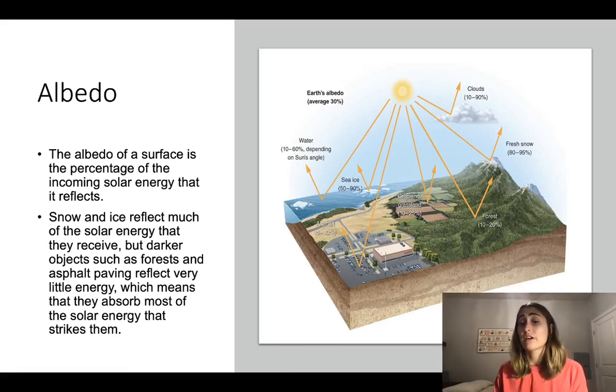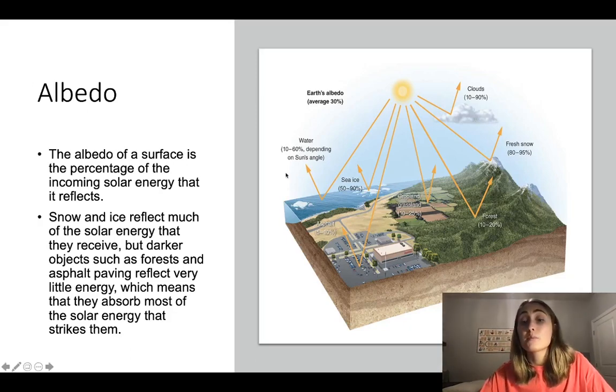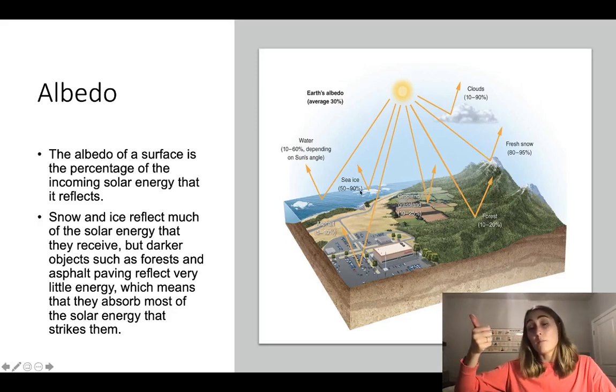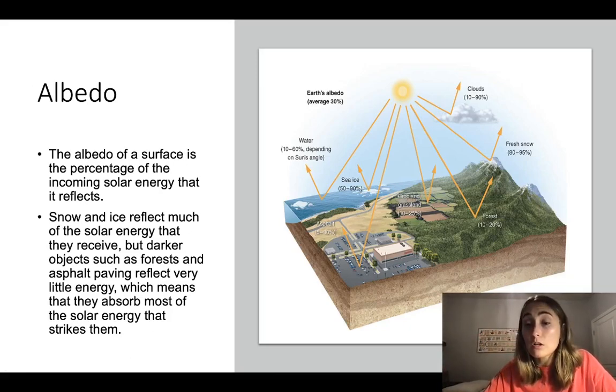If something has a very low albedo, then it's going to retain more of that sun's energy or reflect less back out. So generally, things like snow and ice have really high albedos. So if you look at things like sea ice or water or even clouds, these are a lighter surface usually. They will reflect up to 90% of light back up into the Earth's atmosphere. So these areas tend to be much cooler.